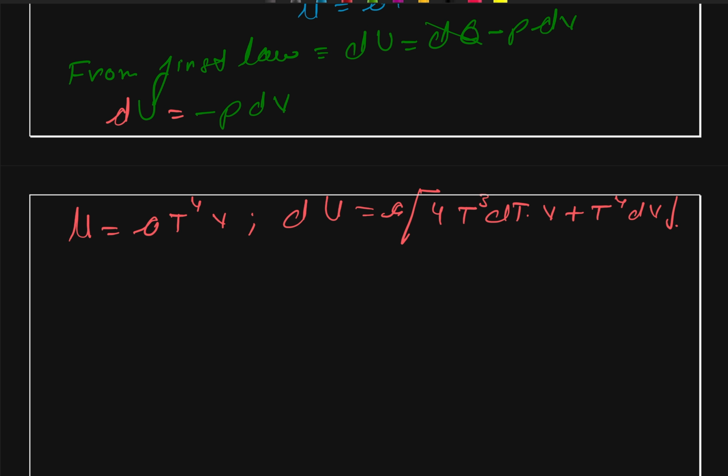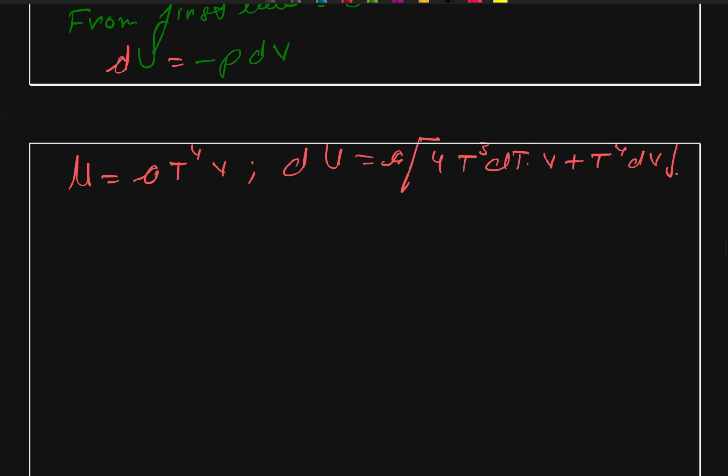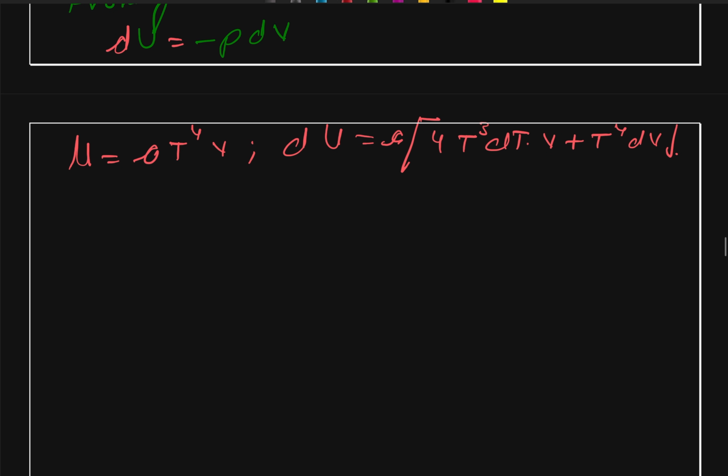And we come to the pressure part now. Our P is equal to 1 by 3 A T raised to the power 4.